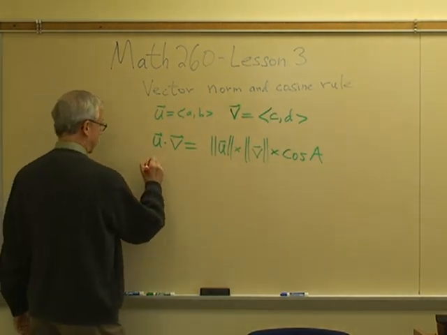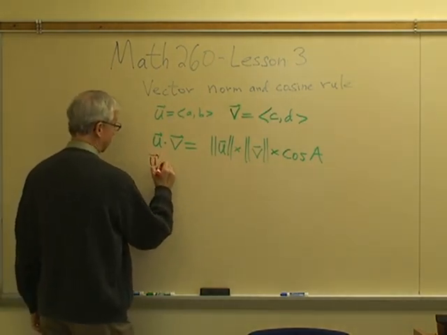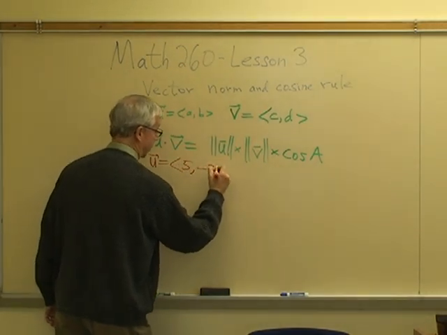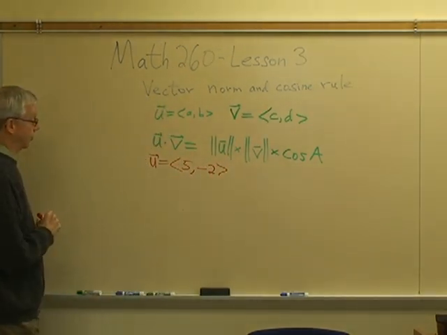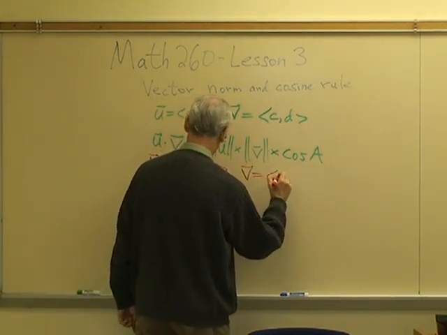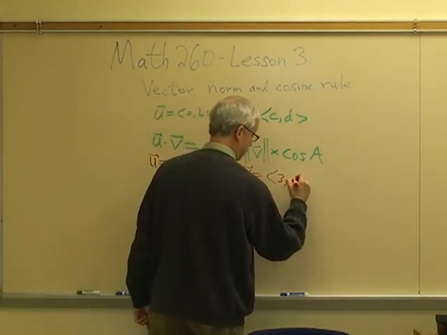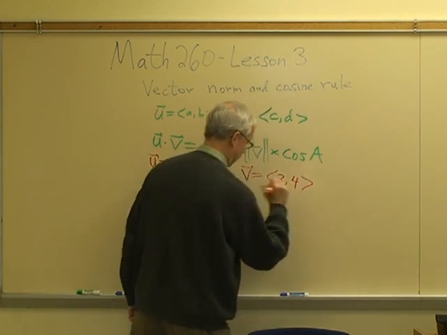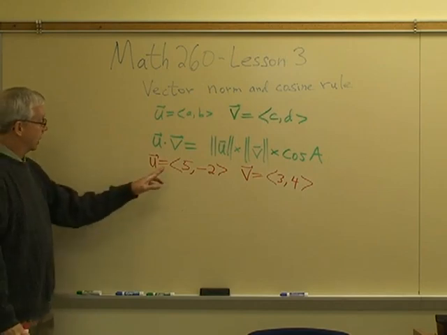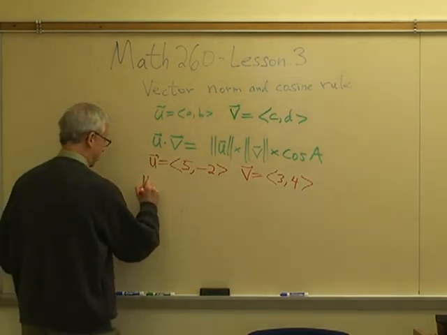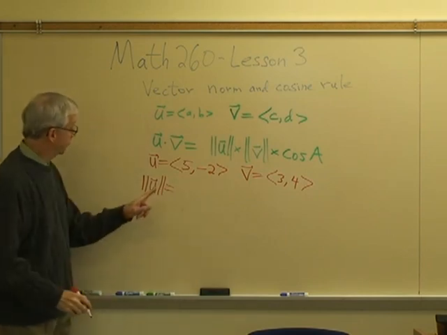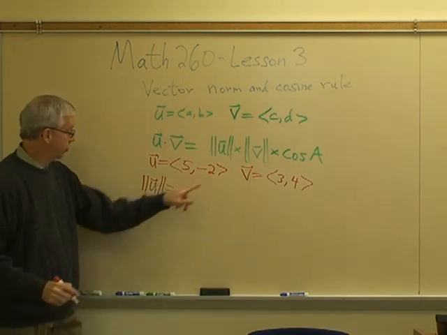Let's make up two new vectors. 5, negative 2 is the coordinates of the first one. And 3, 4 is the coordinates of the second one. Well, let's compute the lengths first. What's the length of u? Well, it's the square root of the sum of the squares.